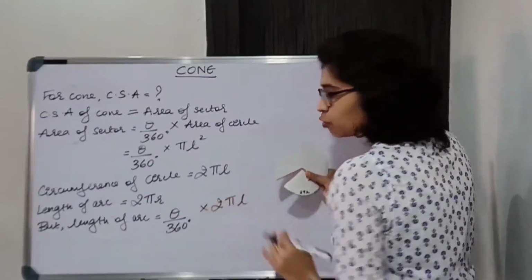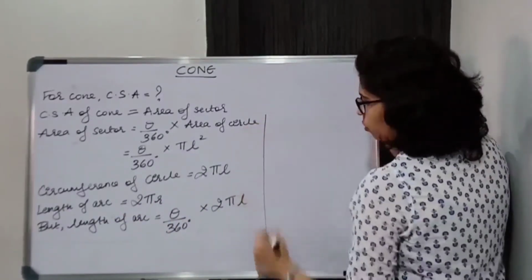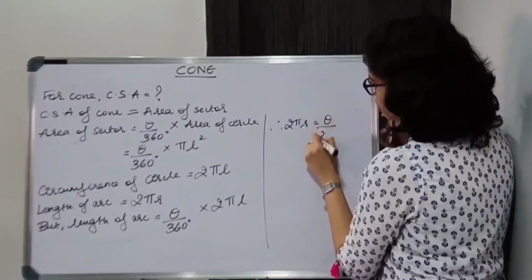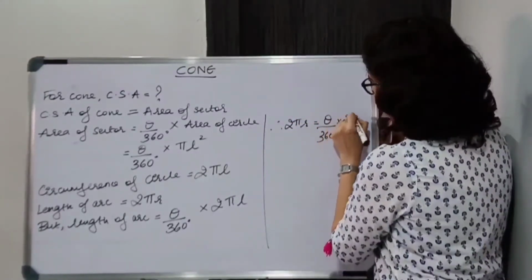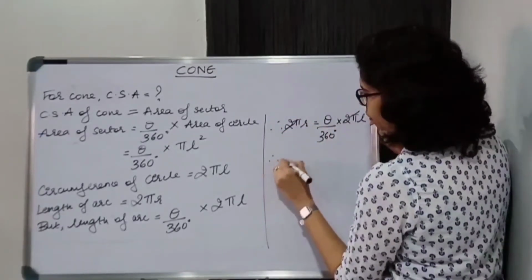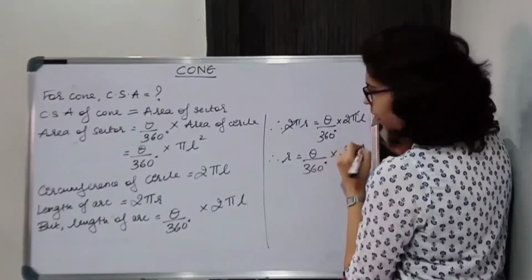Theta upon 360 into 2 pi L. This is equal to this. So therefore 2 pi r is equal to theta upon 360 into 2 pi L. 2 pi gets cancelled. We are left with r is equal to theta upon 360 into L.